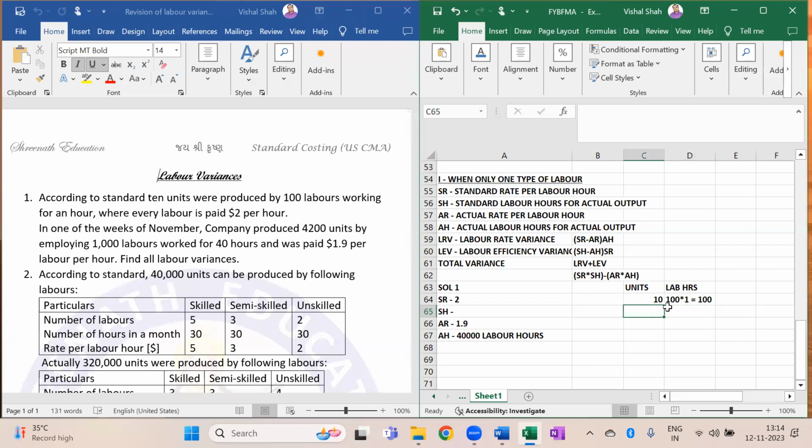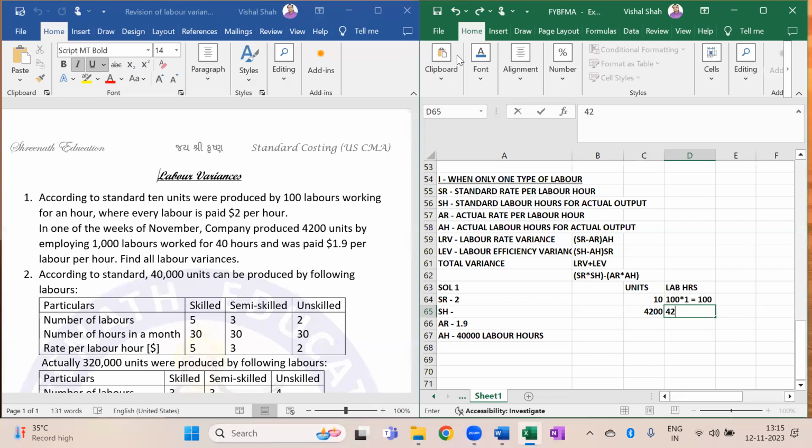We produced how many units? 4,200. So how many labor hours are required? You should find it by cross multiplication. Please do it. How much is the answer? 42,000.